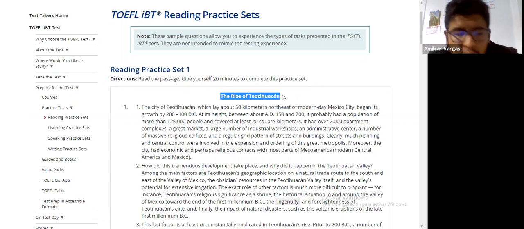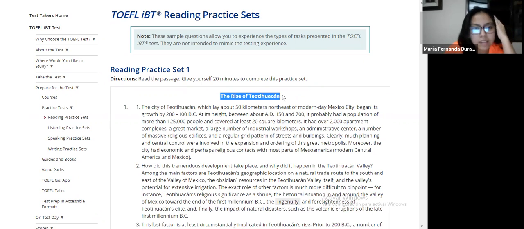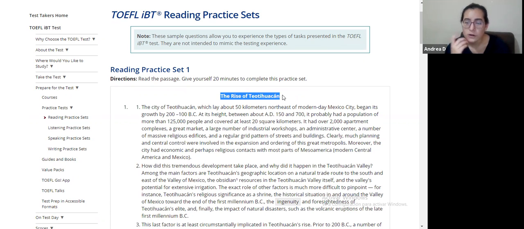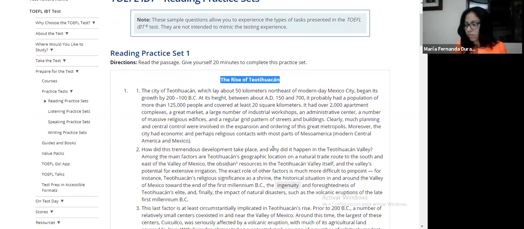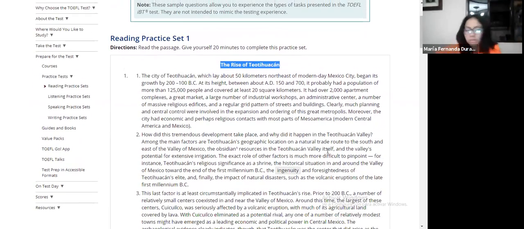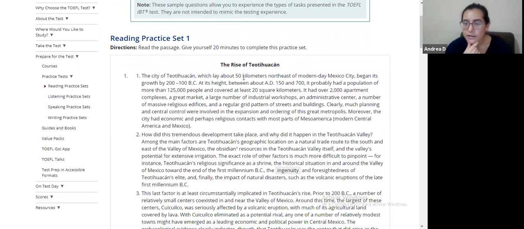About the development of that. Okay, nice. The development, I like the word. Anything else? Okay, so yes, you are correct. I think it's probably going to be about that. It's obviously about history, and it is about the development or the rise of a culture, of a city, something along those lines.